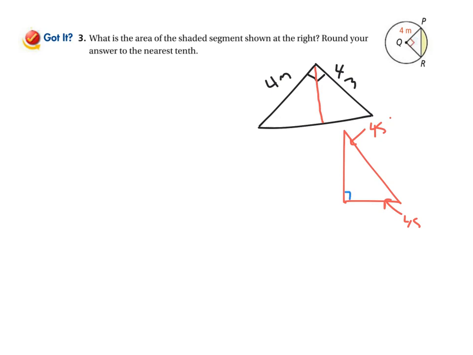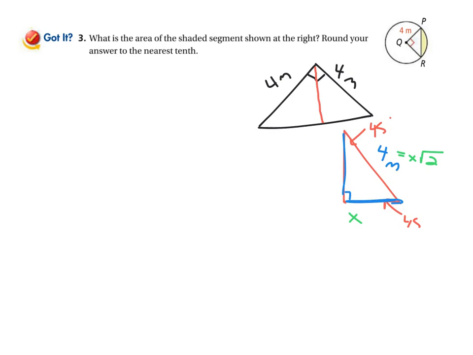If we know that this is 4 meters, then what do the legs look like for the 45, 45, 90 triangle? Well, remember, if this is x, then the hypotenuse is x root 2 when we have a 45, 45, 90.